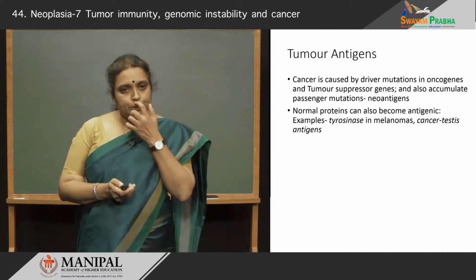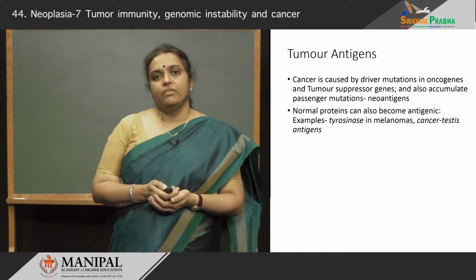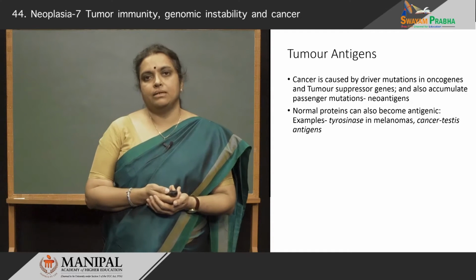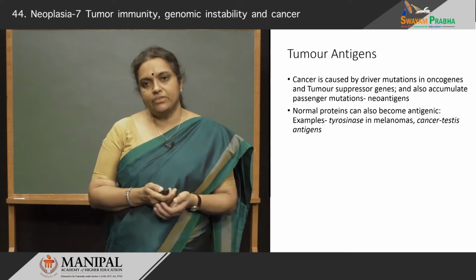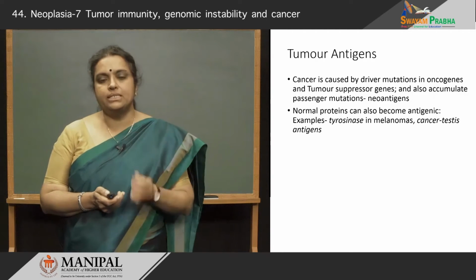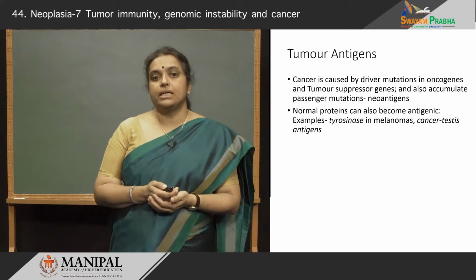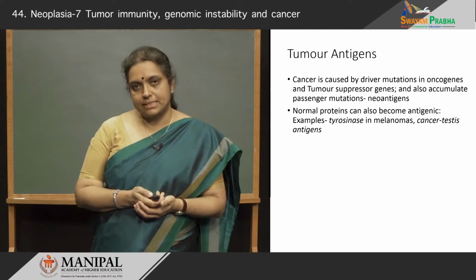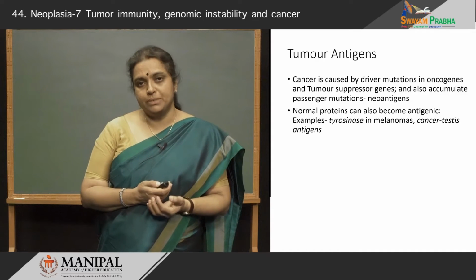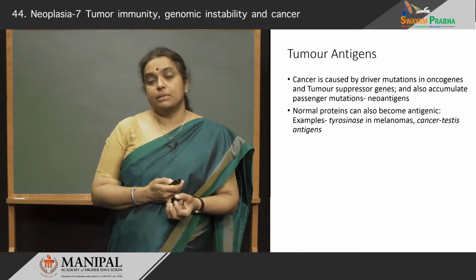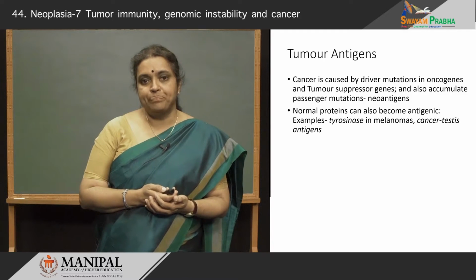Now, what are these tumor antigens? We know that cancer cells acquire many genetic alterations, and there are many driver mutations in oncogenes and tumor suppressor genes that accumulate within cancer cells, and now these produce the neoantigens of the tumor cells. So, these are some of the sources of the antigens.